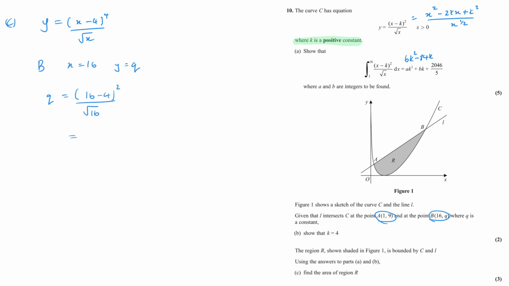So 16 minus 4 is 12. Squared is 144 over 4. So q is 36. So B is 16, 36. So we know that this is 1, 9 and 16, 36.